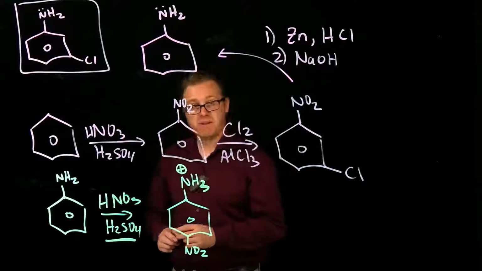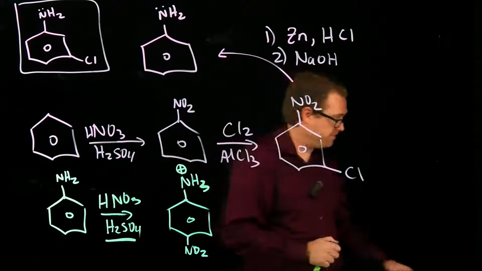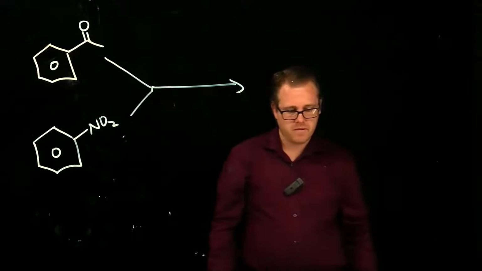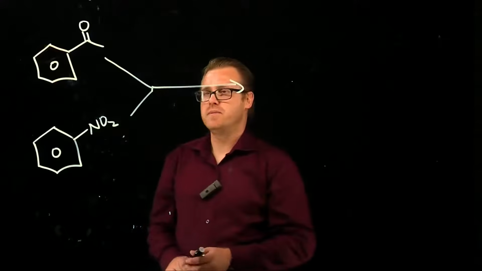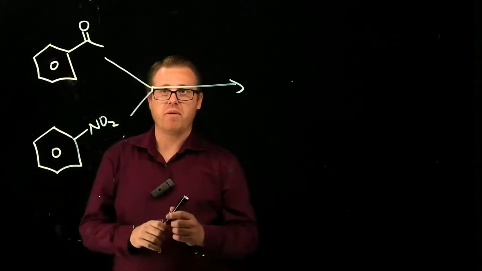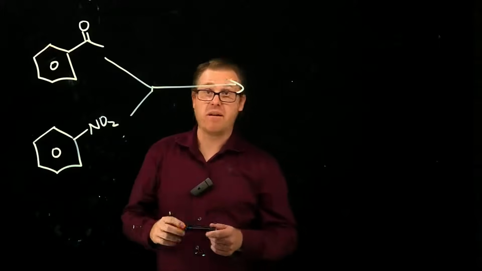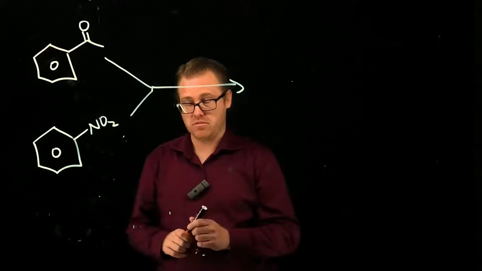Okay, so we have some other limitations that I'm going to erase this board so we can look at it that way. The next limitation we need to be aware of is, let's say we have these 2 molecules and we wanted to do a Friedel-Crafts alkylation or a Friedel-Crafts acylation.